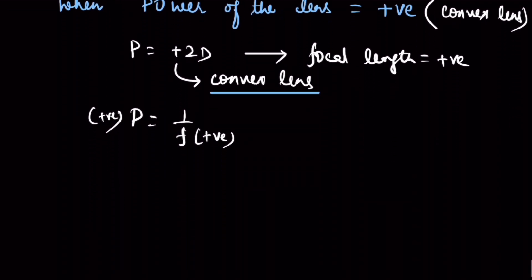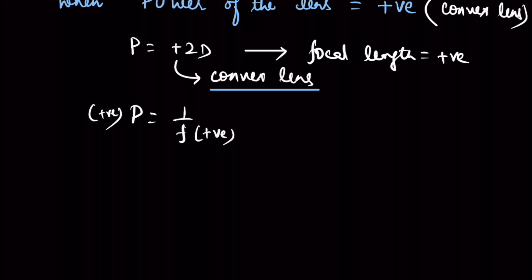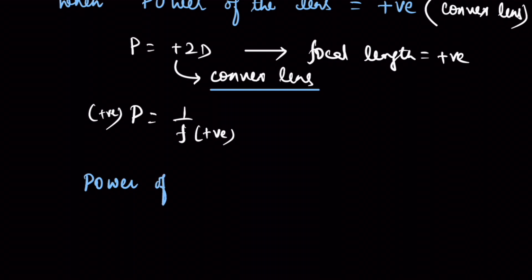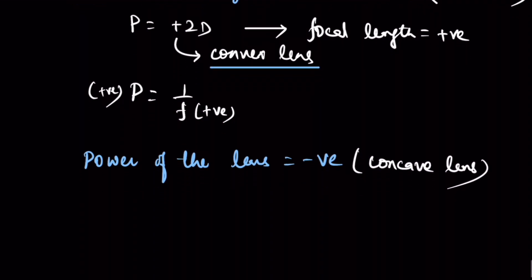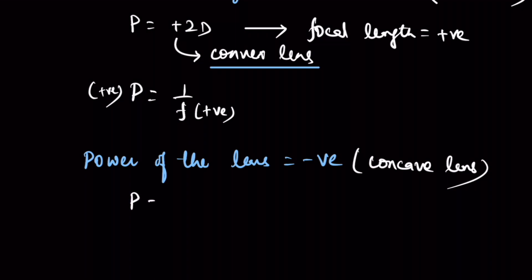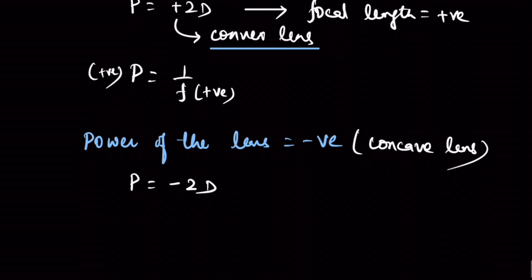Similarly, if the power of the lens is negative, it means it's a concave lens. The same method is applied here. If our power is minus 2 D, here minus represents a concave lens.